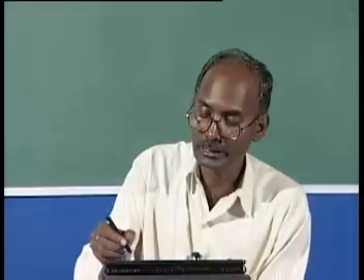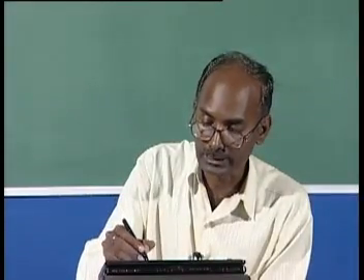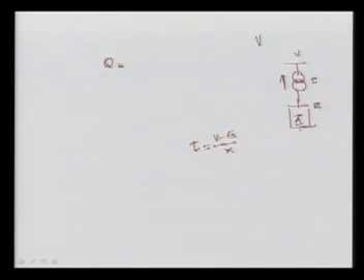The STATCOM or SVC will inject reactive power into the system when the voltage is low. For the STATCOM configuration I showed you, this is your converter, this is voltage E, this is voltage V, and here is I. So V minus E upon X is I. If this voltage is more, it is just providing current to the system, and the leading or lagging current is decided by this, whether the current is injected or absorbed.